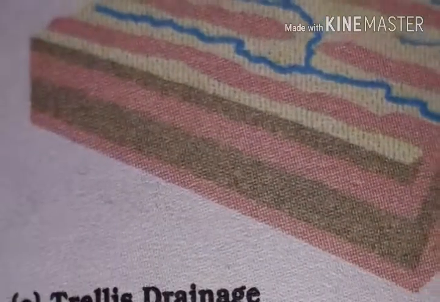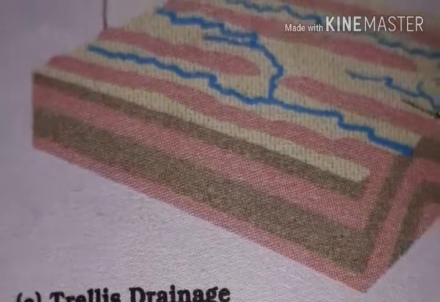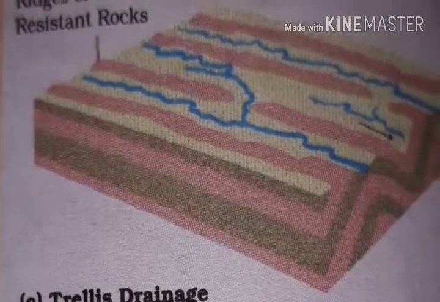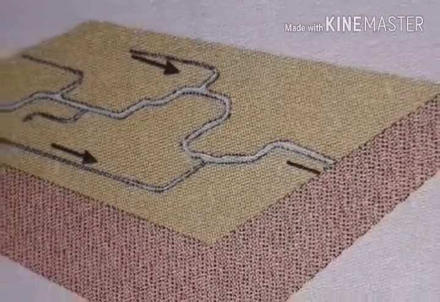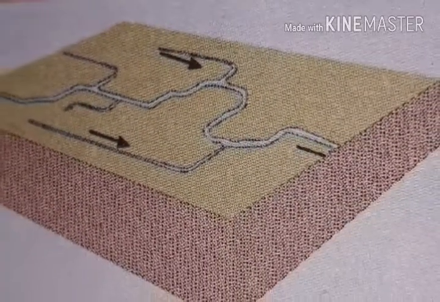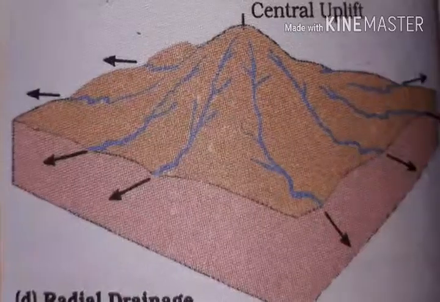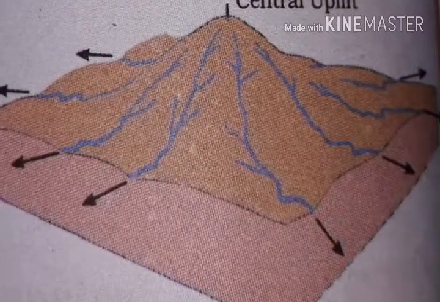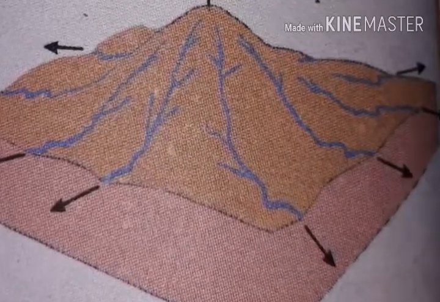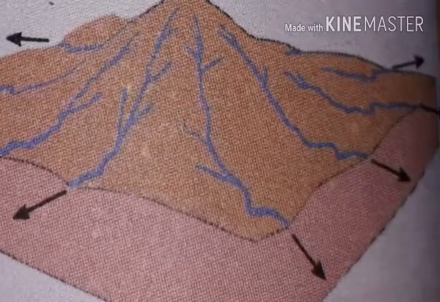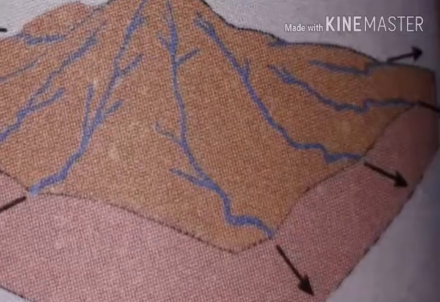This pattern develops where hard and soft rocks exist parallel to each other. A rectangular drainage pattern develops on a strongly jointed rocky terrain. A radial pattern develops when streams flow in different directions from a central peak or dome-like structure.